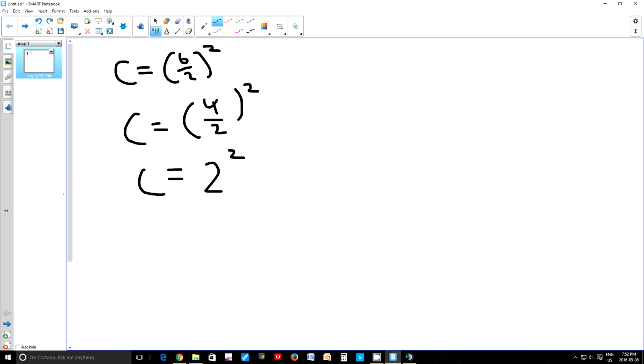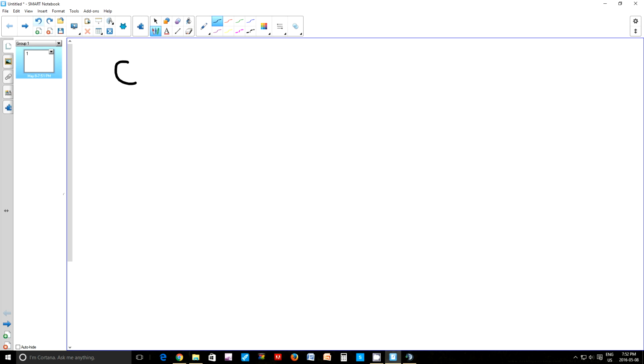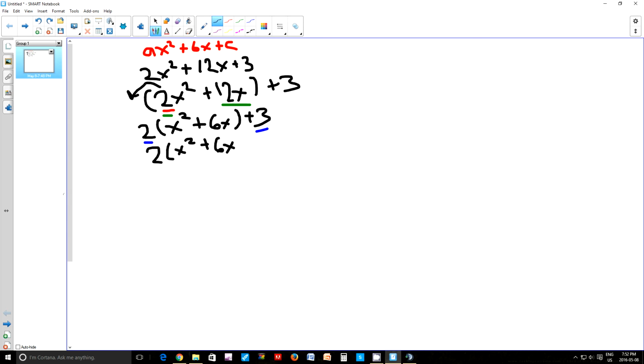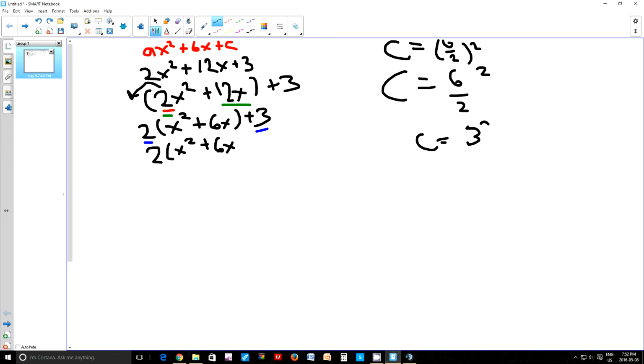Going back to our original equation, remember, c equals b divided by 2 squared. That is our equation for the 6 term, and then you move it down to c equals 6 divided by 2 squared. So c equals 3 squared, so c would equal 9.